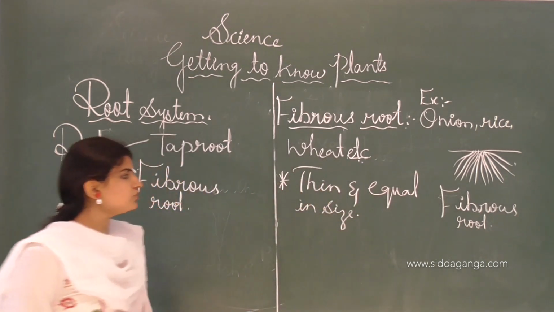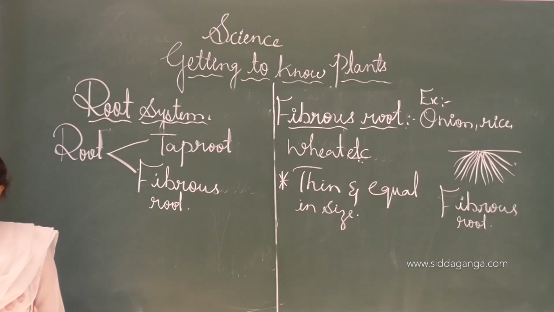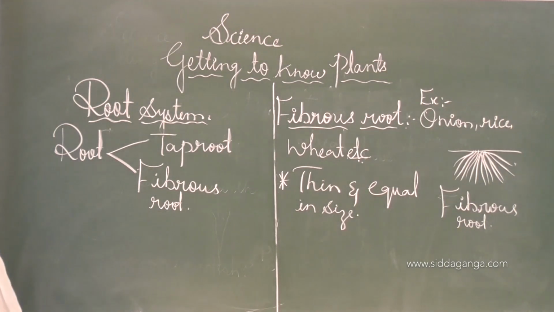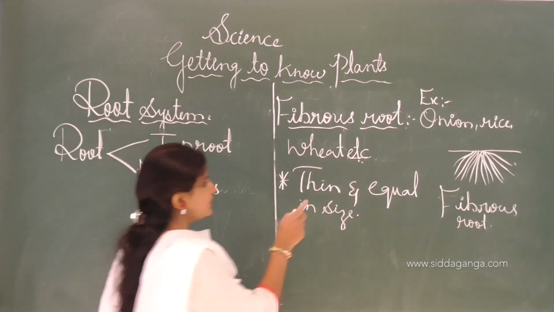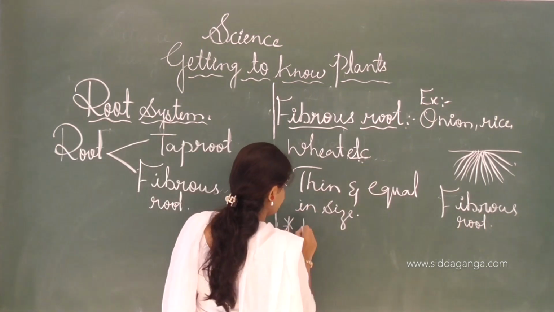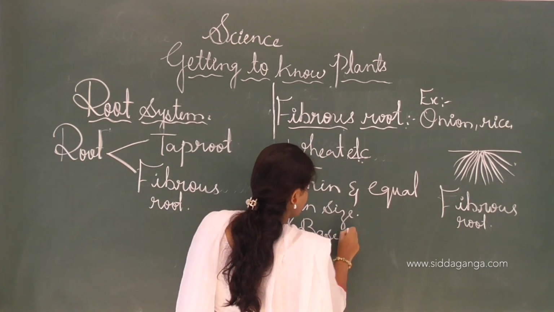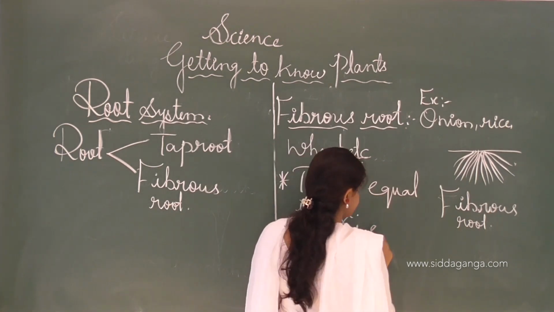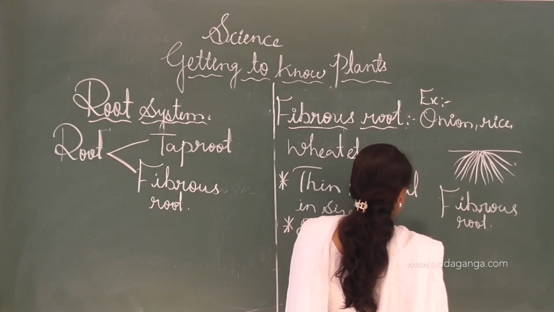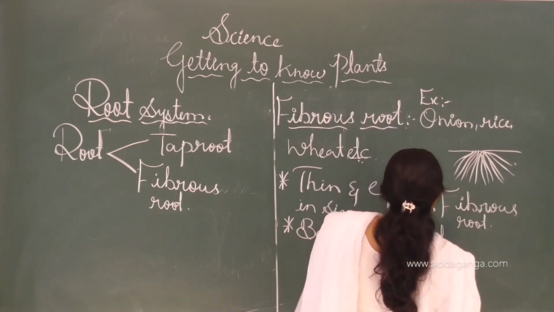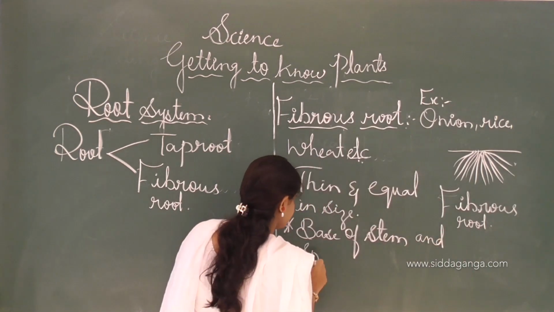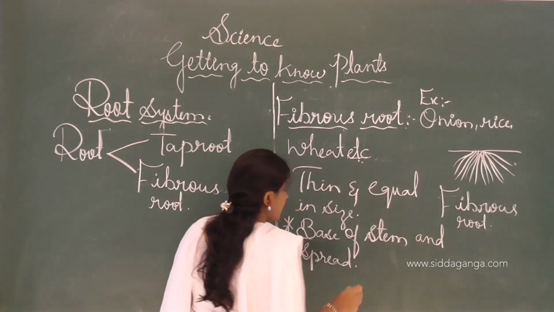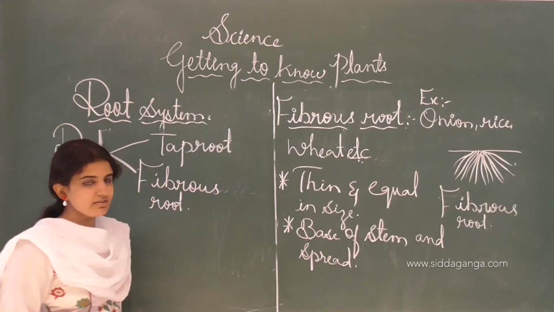See, fibrous roots are thin and almost equal in size, and they start from the base of a stem and spread out, and look like a bush in appearance.